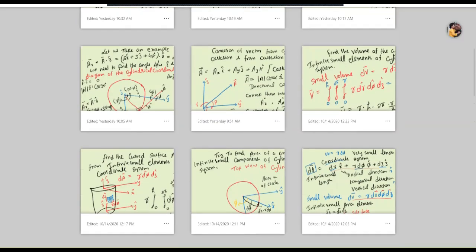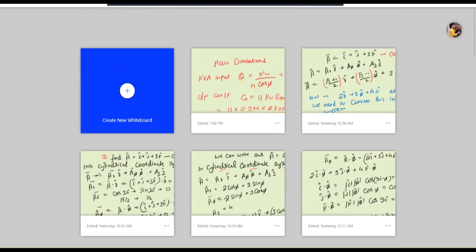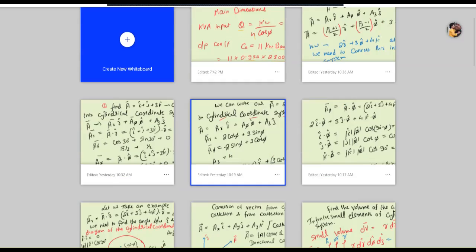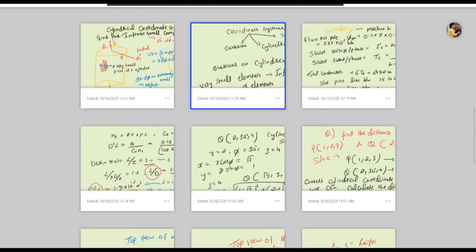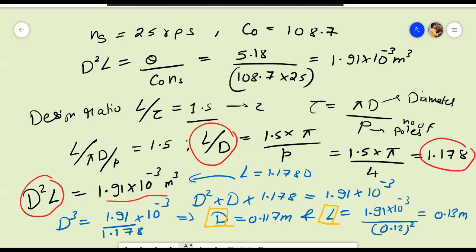After that, what we were doing was we need to find the values of D and L. We got our ns equal to 25 revolutions per second, and we also got our output coefficient C naught equal to 108.7.